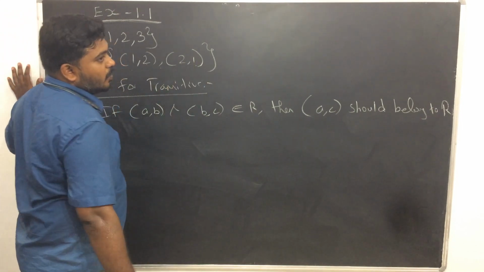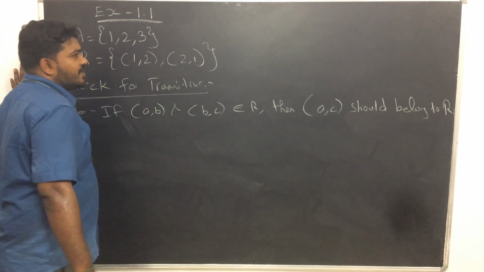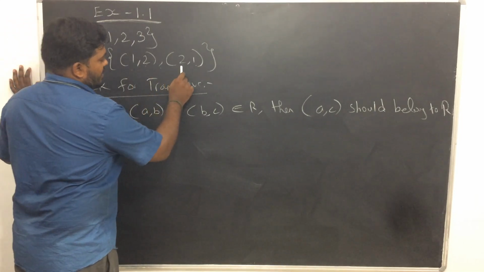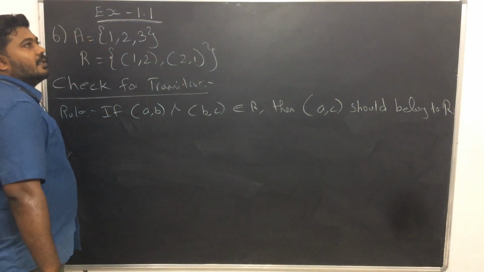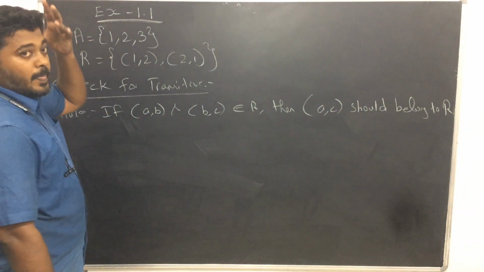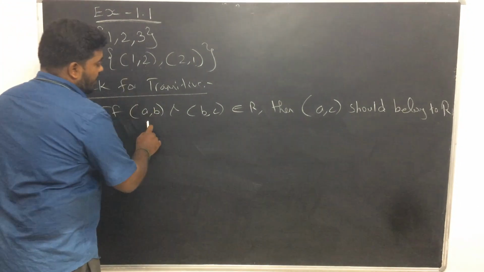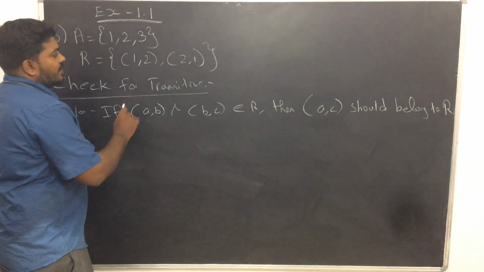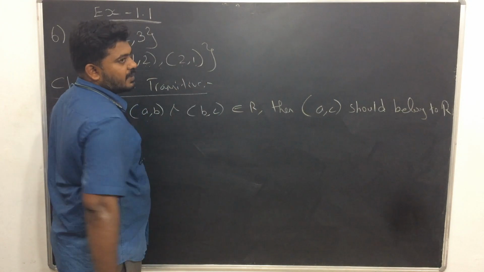What is (b, c)? (2, 1). Now, some of us may have a doubt. Sir, this is (a, b) and this is (b, a), how come you are saying it's (b, c)? Let's clarify it right now. If I am telling you (a, b) and (b, c), then that means any element comma b, and b comma any element.